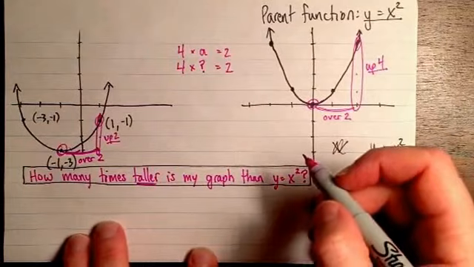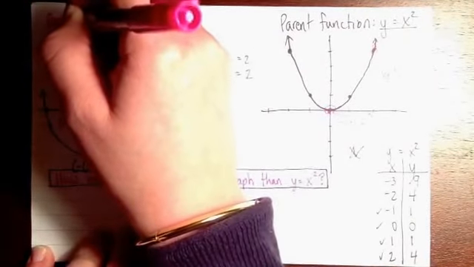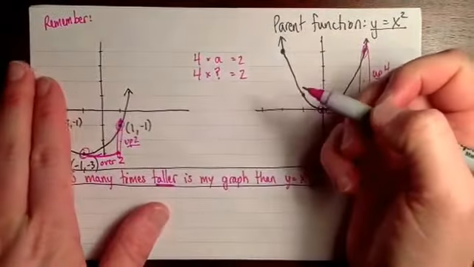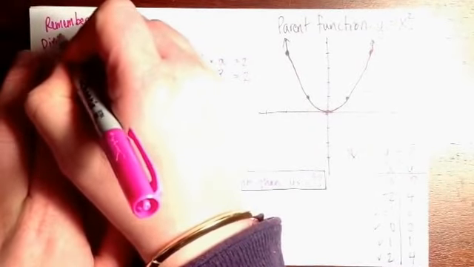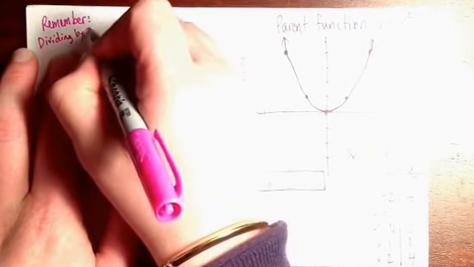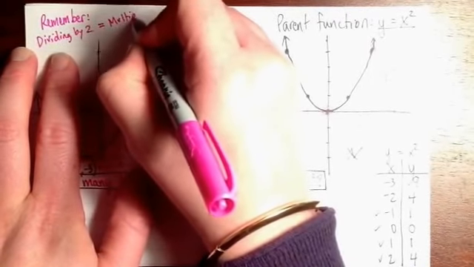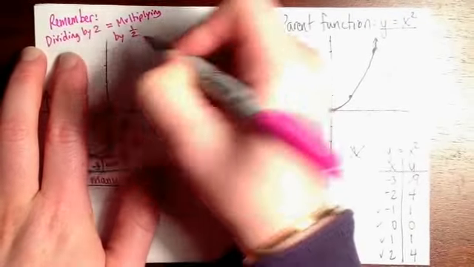So remember, some people will be saying, oh, we're just dividing by 2. Dividing by 2 is the same thing as multiplying by a half.